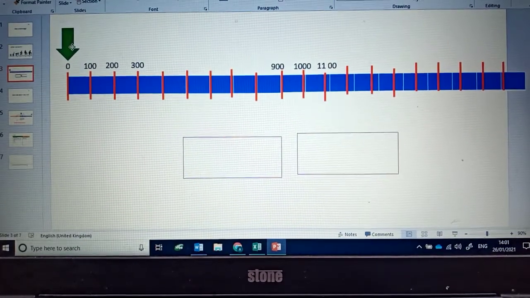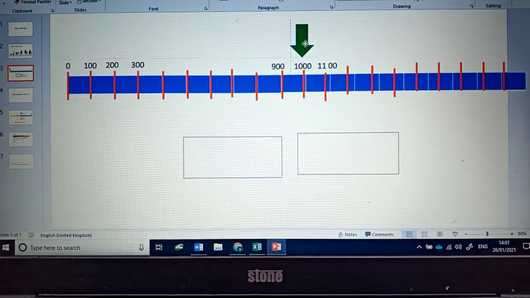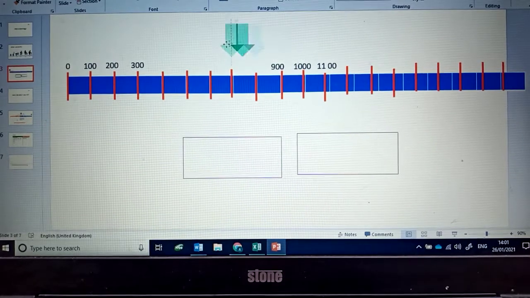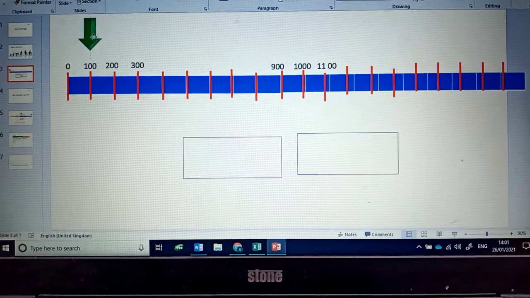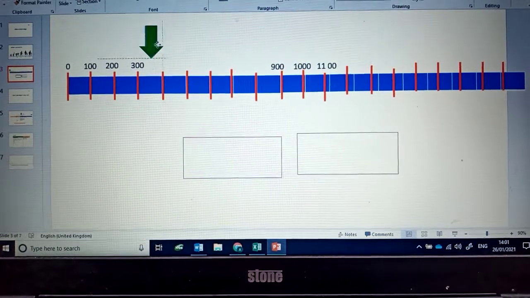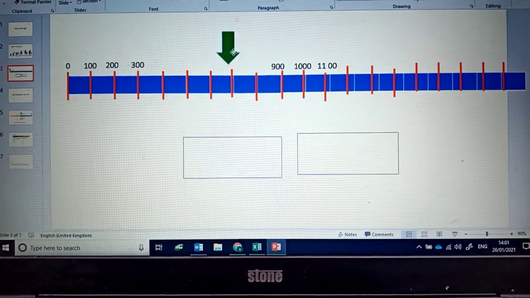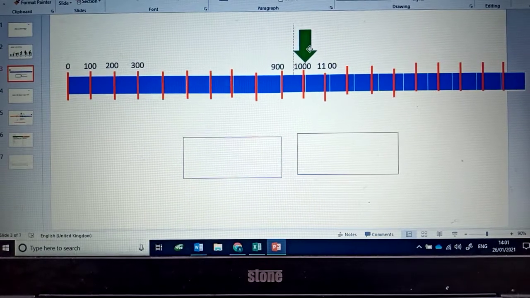So in maths, we say 100, 200, 300, and then we get to 900, and then it becomes 1,000, and then 1,100. But in history, we don't. We say it like this. So count with me. The year zero, the year 100, the year 200, 300, 400, 500, the year 600, 700, 800, the year 900, the year 1000.